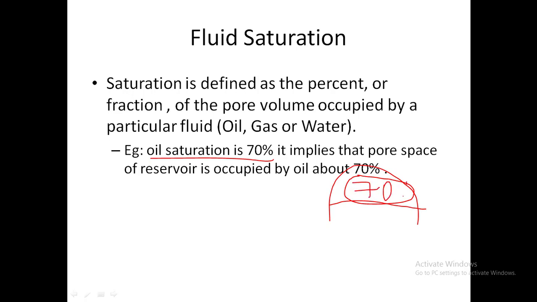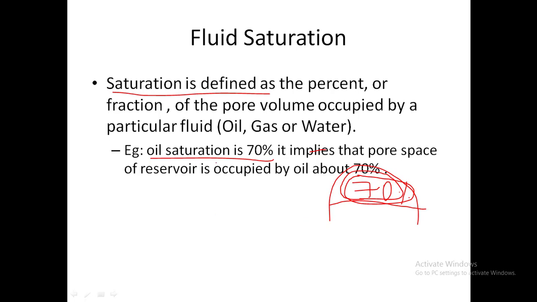So it means that this particular area is filled with oil, and if you consider this reservoir as an undersaturated reservoir, then the remaining area is occupied by water. Okay, so if you see the definition now, saturation is defined as a percent or the fraction of the pore volume occupied by a particular fluid. As you can see over here, 70% of the pore volume is occupied by oil.